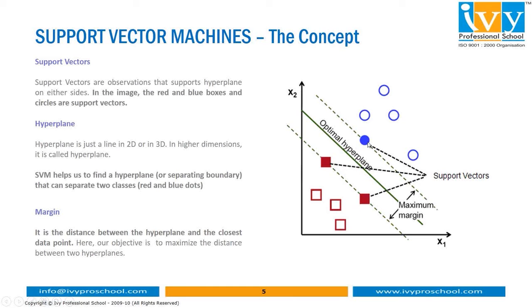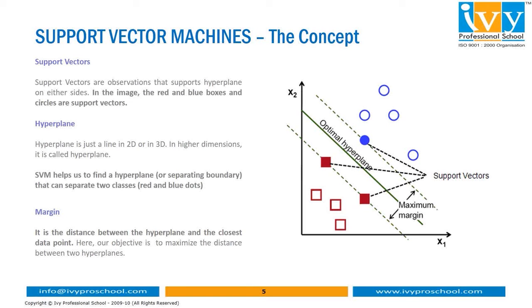So it tries to draw a line between one class of your y variable and the other class, which here is blue, and find the optimal hyperplane. A hyperplane is just a line in 2D or a plane in 3D; in higher dimensions it is called a hyperplane. When we have n dimensions, we will have a hyperplane and it will not just be a line. So SVM helps us to find a separating boundary.